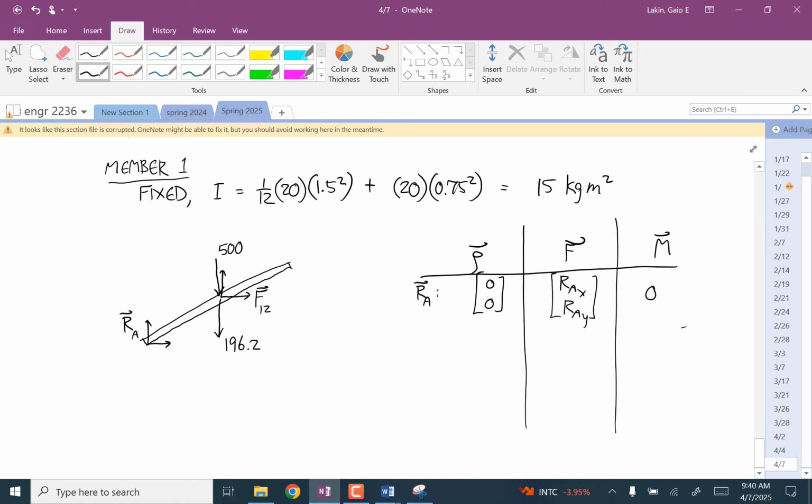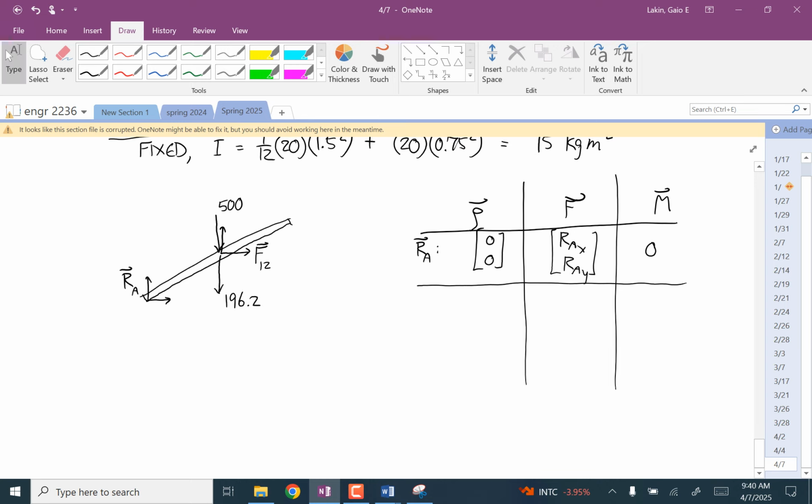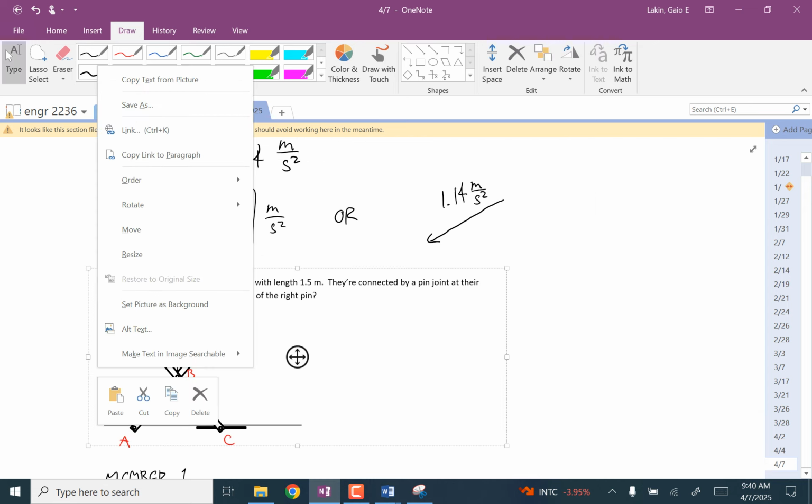The cross product is 0. Then the weight force. The rho vector is the vector from the about point to the force. So that is going to be 0.75 times cosine and sine of 40 degrees.